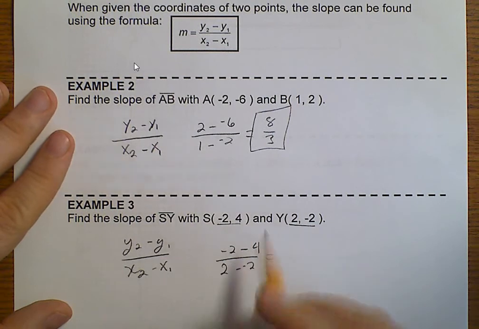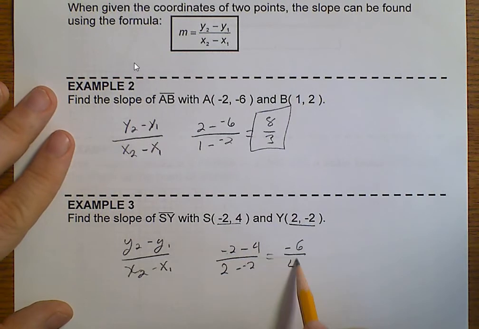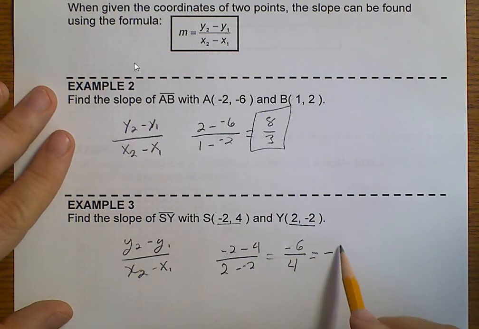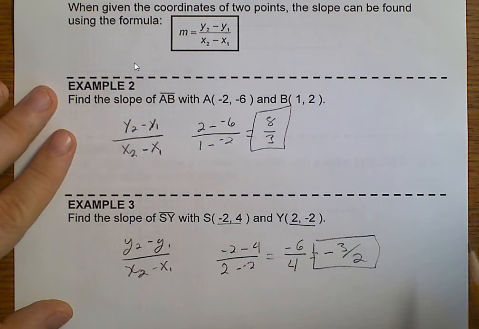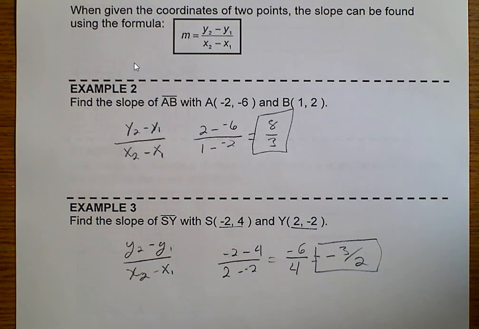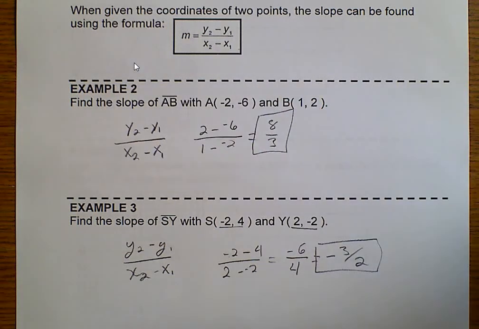Well, negative 2 minus 4 is a negative 6, and 2 minus negative 2 is a positive 4, which simplifies to negative 3 over 2. And that's our slope. So, real simple, use the formula, plug in your numbers, you have it solved. No problems.